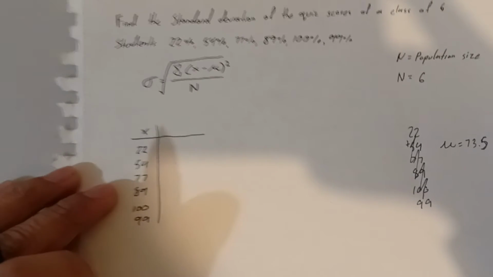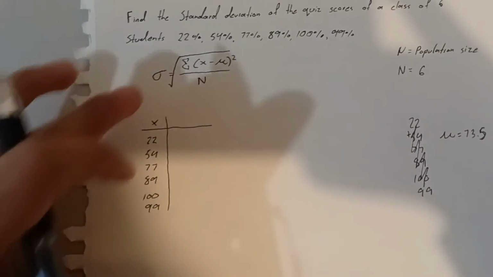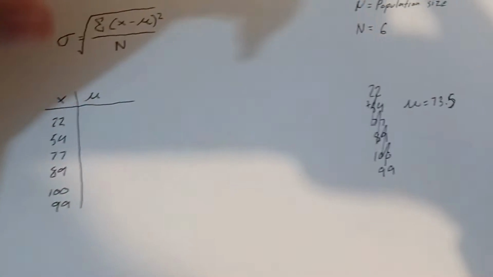So first things first, we have our x values, and now we need to subtract the mean from all of our x values. So this is going to be our mu. If you recall, our mu is 73.5, the value that we found earlier.